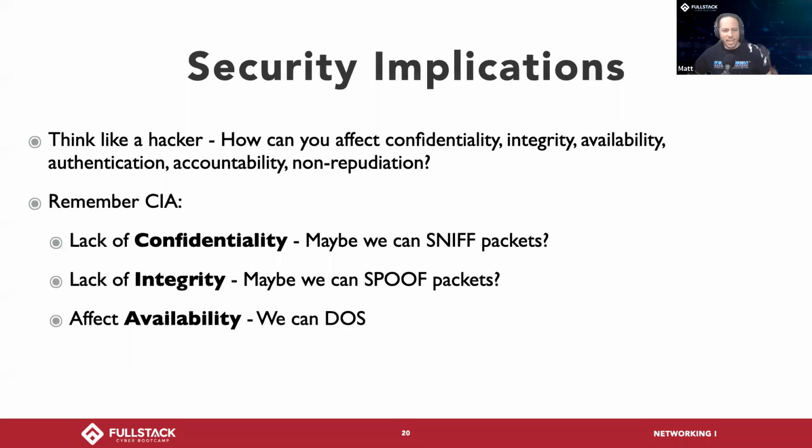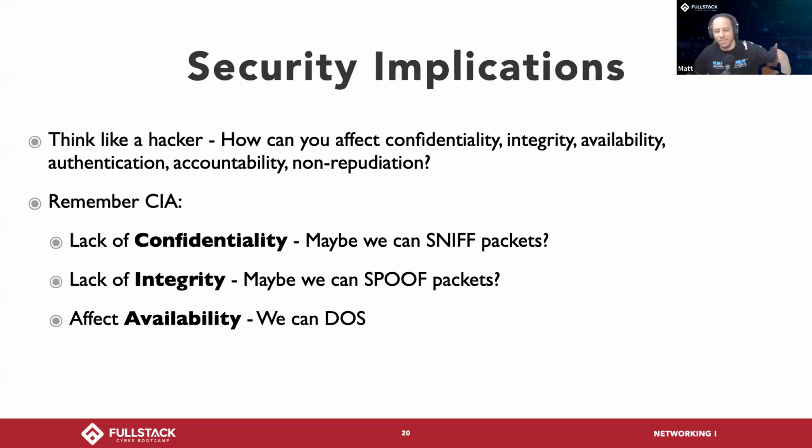And we can look at the OSI model as hackers or as defenders and see where we can attack different parts of CIA in the model. So for example, confidentiality, you can sniff packets, right? You could see data going over the wire if it's not encrypted. Integrity, you can spoof packets, right? Like I can make a request and say that my MAC address is something that it's not, or my IP address is something that it's not.